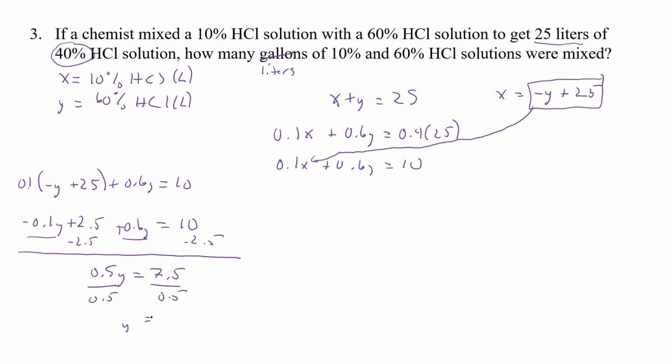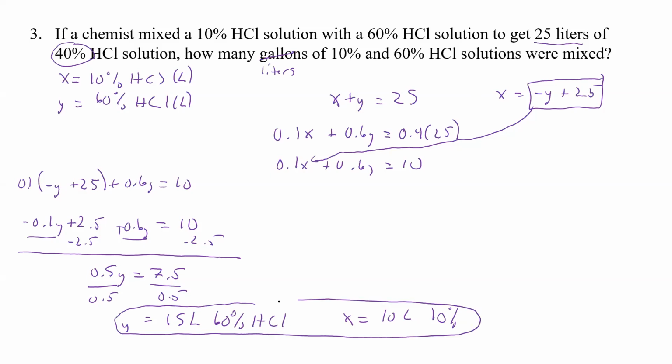And so y is equal to, basically multiply by 2, because divide by a half is multiply by 2, so that's going to give me 15. And we're talking about liters, so it's 15 liters of y, the 60% HCl. Well, if y is 15, we know the total is 25, so that must mean x is equal to 10 liters of the 10%. Okay, so that would be my two values.